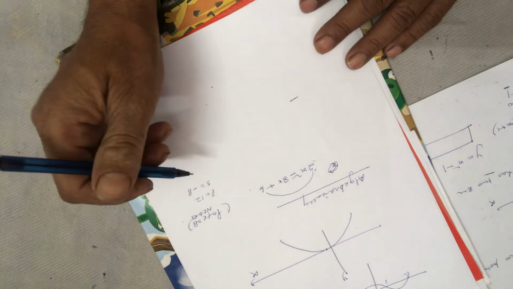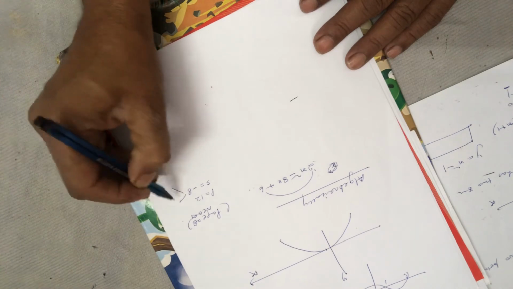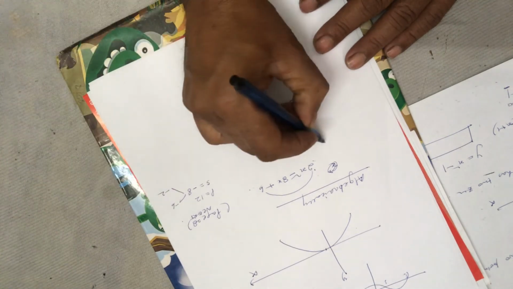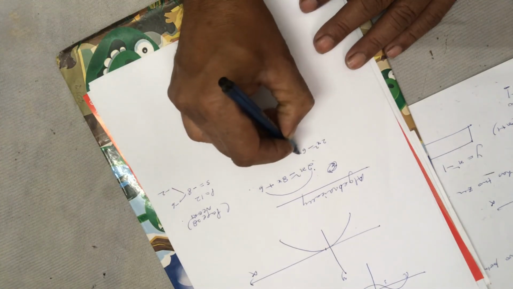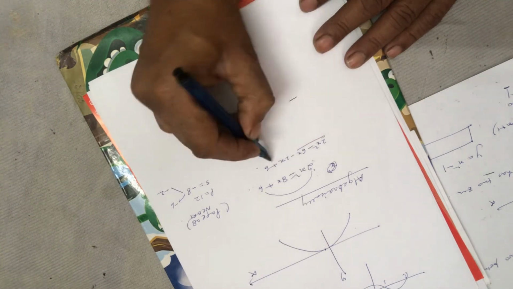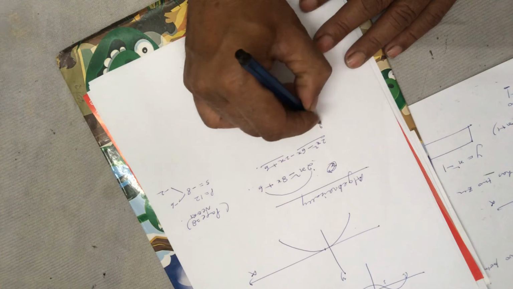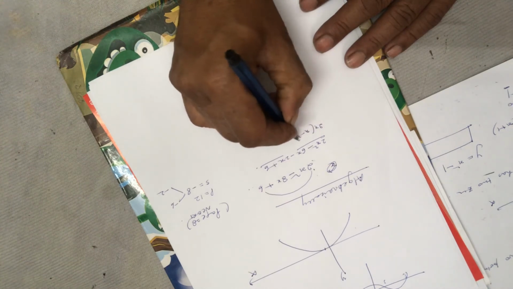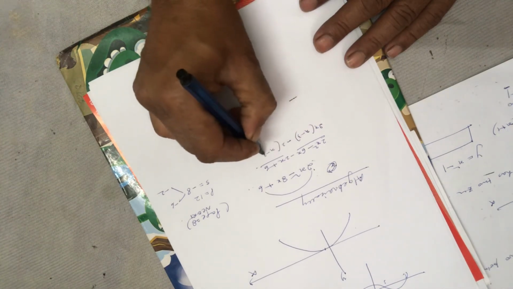So we can break it into -6 and -2. So 2x square minus 6x minus 2x plus 6. By pairing and taking the common, 2x times x minus 3 minus 2 times x minus 3.